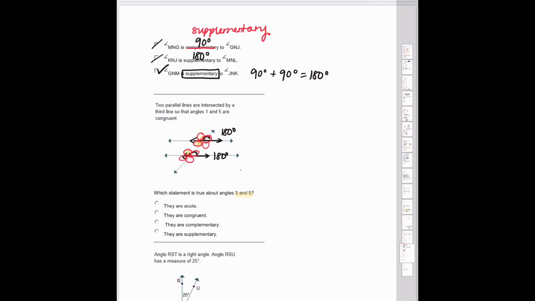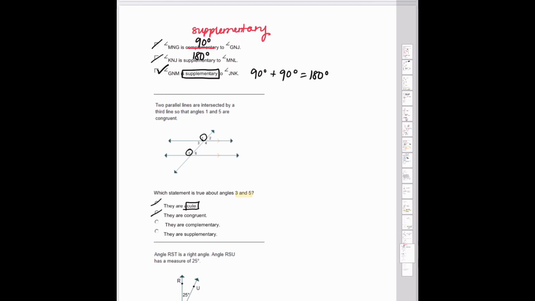So what does that tell us about angles 3 and 5? Does it tell us that they are acute? Well, not exactly. We cannot determine the measure of an angle based on the diagram, so we cannot conclude that it's actually an acute angle. Can we conclude they're congruent? Well, if 1 and 5 are congruent, then 3 and 5 cannot be congruent. Are they complementary?